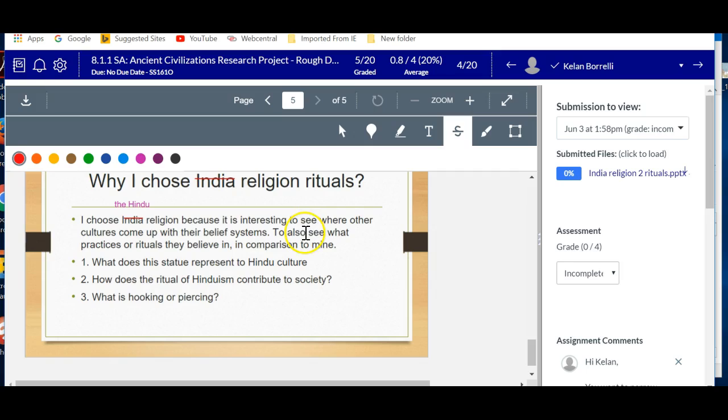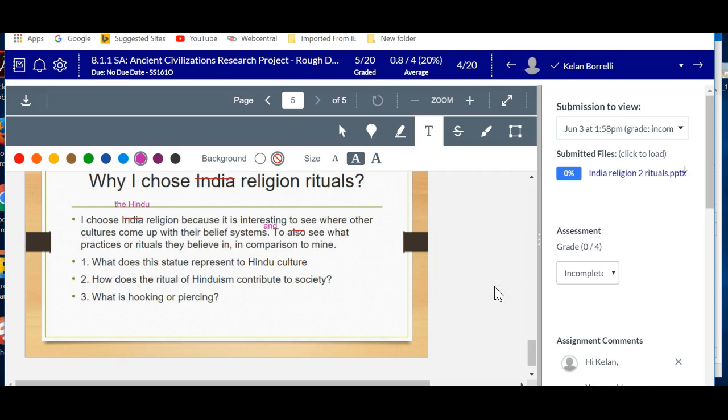And let's also do this. We're going to combine this, so you're going to take out this period and write the word to, and make sure that your word to starts with a lowercase t, to see what practices or rituals they believe in in comparison to mine.